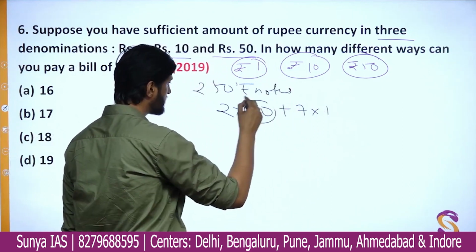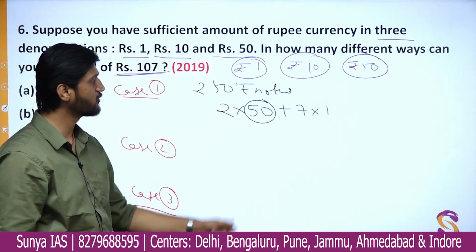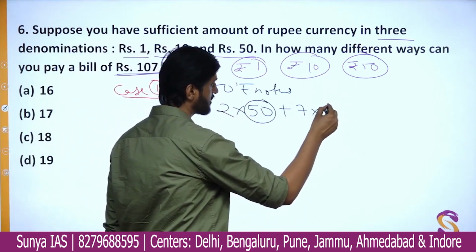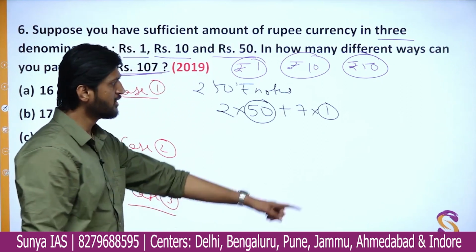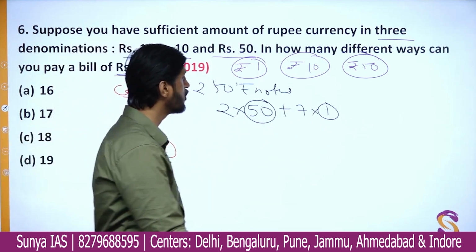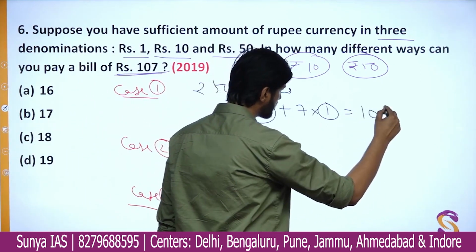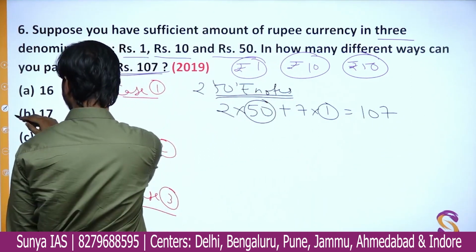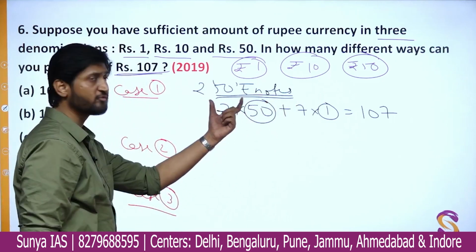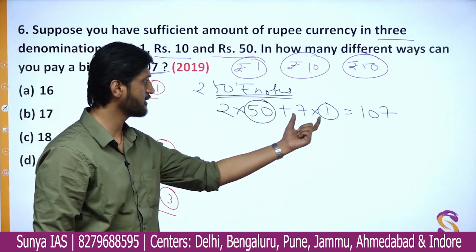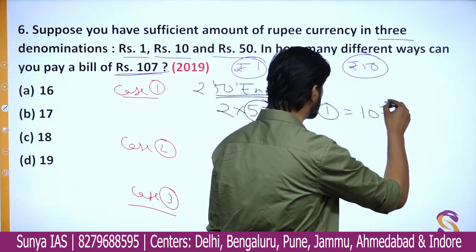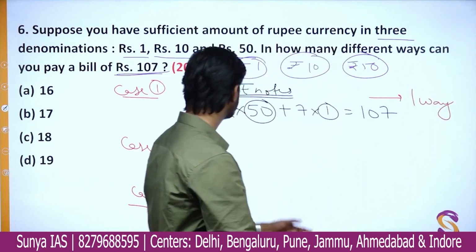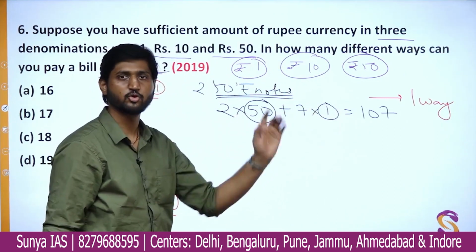So 2 of the 50 rupee notes you are taking in the first case, and then you are taking the remaining 1 rupee coins, 7 of them, and overall the amount will be 107. So this is only one way of paying the bill. Okay, so if you are taking 2 50 rupee notes and the remaining are simply 1 rupee coins, you will have only one way of making the payment, which is 2 50 rupee notes and 7 1 rupee coins.